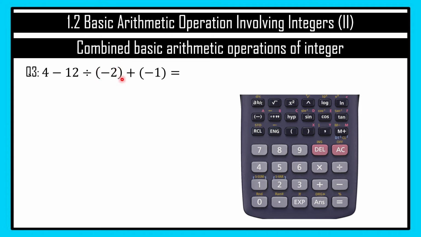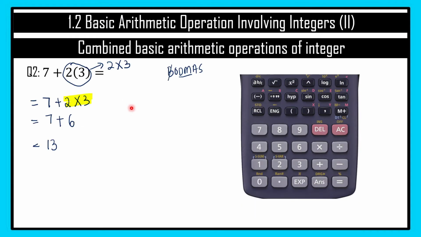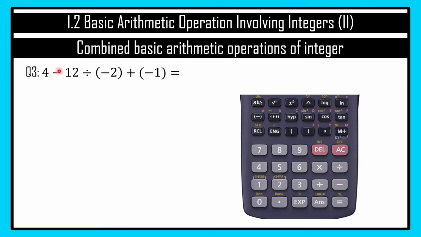Now this bracket is a different bracket meaning compared to the one that we saw in question 2. Question 2 had 2 bracket 3. This one is divide bracket negative 2. So there is an operation, divide, in between the number and the bracket.